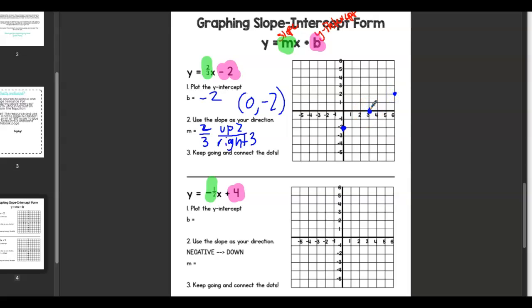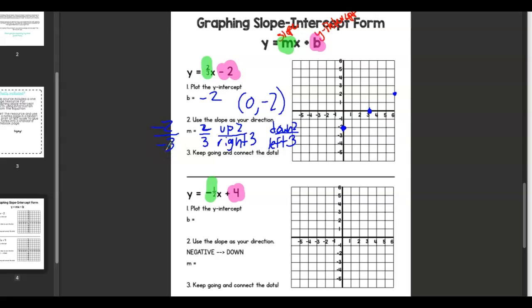Do I go up or down? You go down, how many? 2. So go down 2, and then do I go right or left? Left. Left 3. Isn't down 2 a negative? So negative 2 over negative 3, does that still equal a positive 2/3?